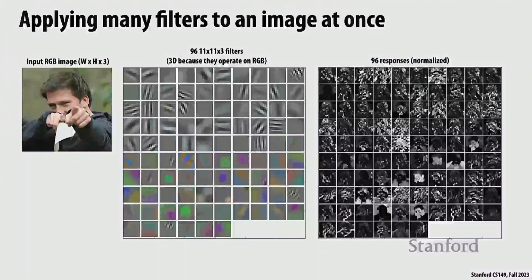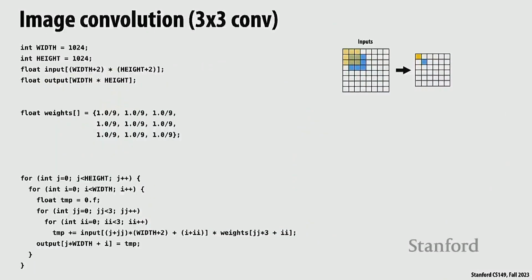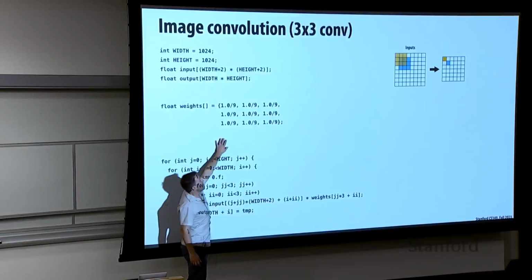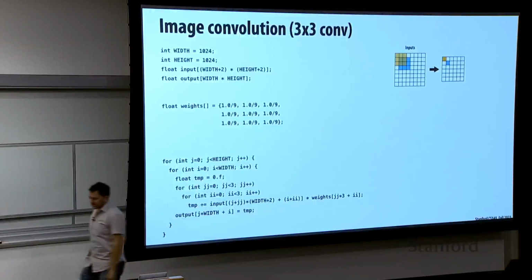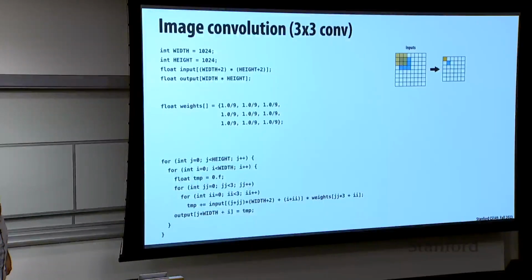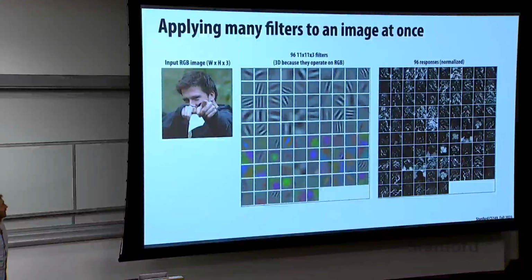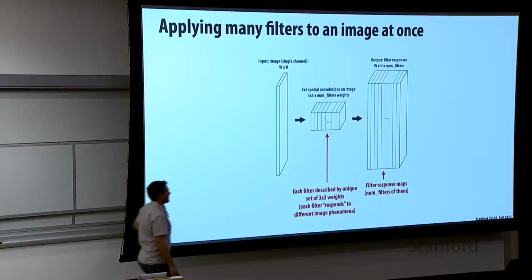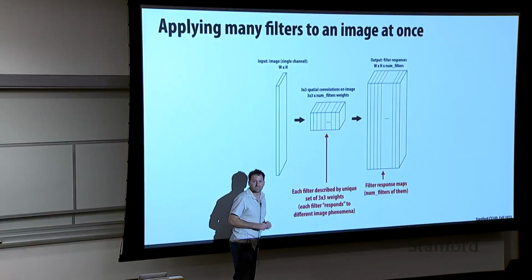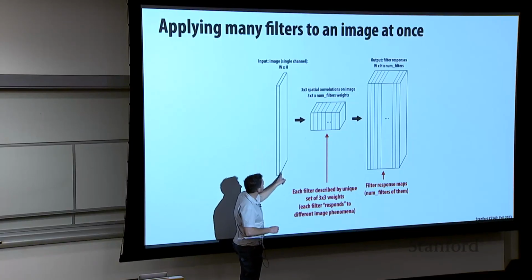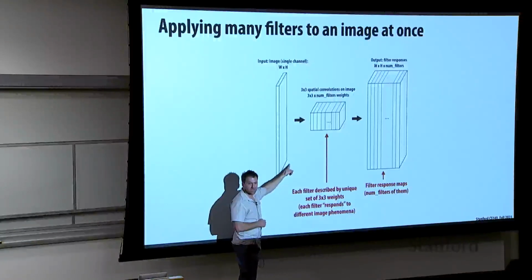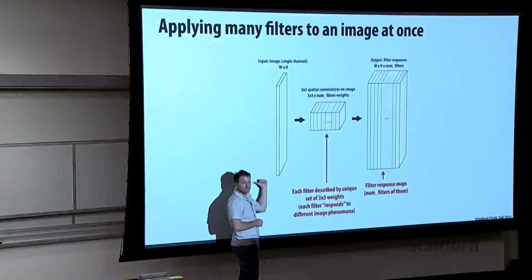Okay? And so I want you to think about this calculation as taking this code here and then repeating it for a whole bunch of different filters with different weights. That's the essence of what we're going to do here. And a common way to visualize this is to think about n-dimensional tensors. So imagine you had an input image that's width by height by 1.